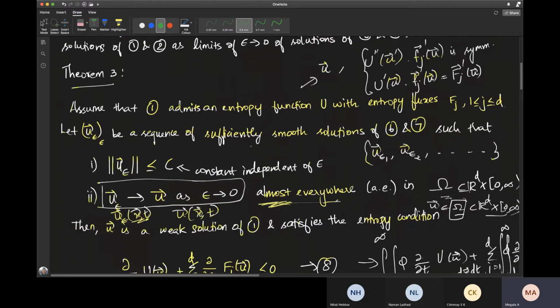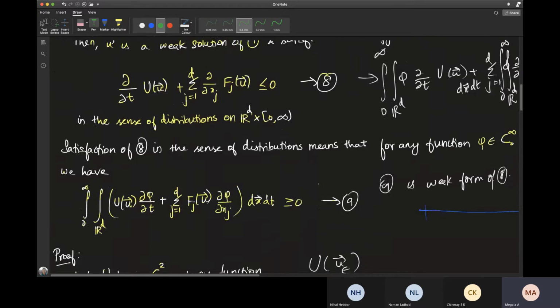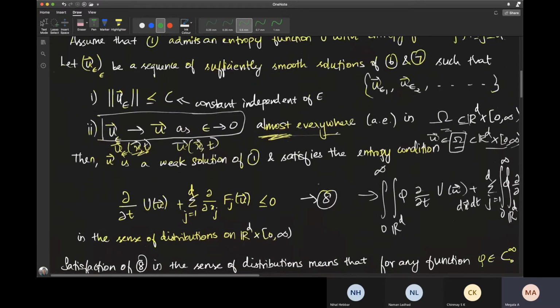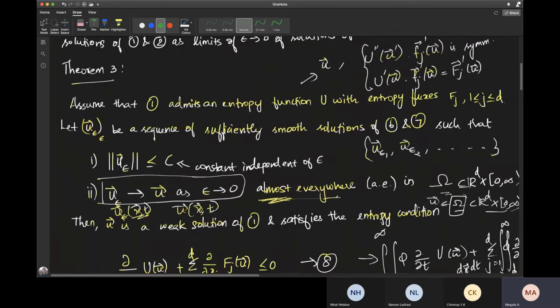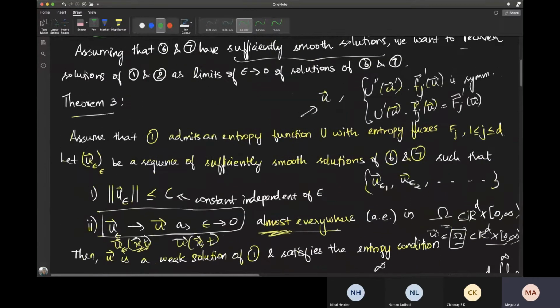Then we stated that we were looking at a theorem. We were halfway through this theorem actually. So let's say that one was our actual system, the actual system of PDE. Let's say that there exists an entropy function for the actual system of PDE.